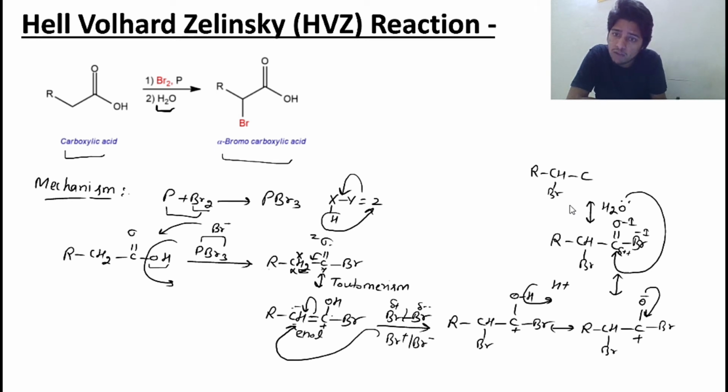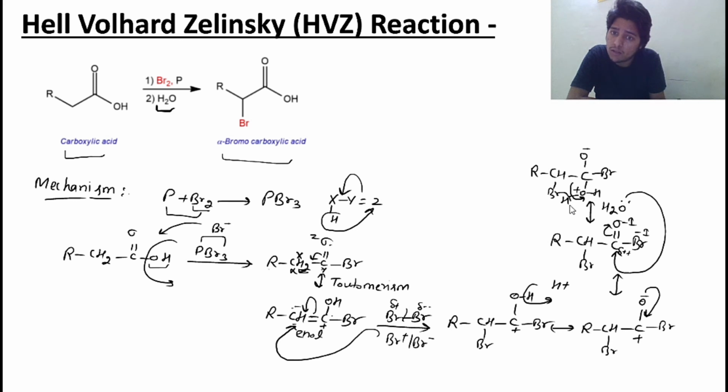Now the carbon will break one bond, because carbon can't make 5 bonds. So this bond transfers to the oxygen, and O minus forms. Here we have bromine, and here OH and H. Now oxygen gets a positive charge because it donated an electron pair to this carbon, so it eliminates its positive charge by taking electrons from the H plus.